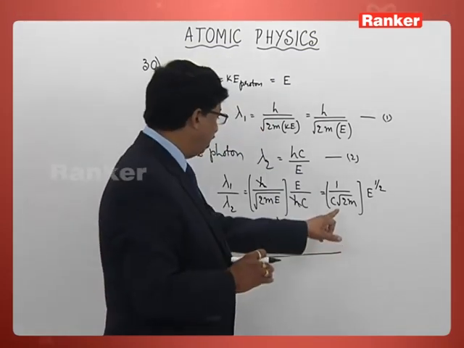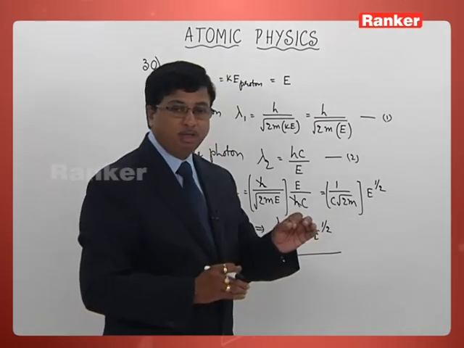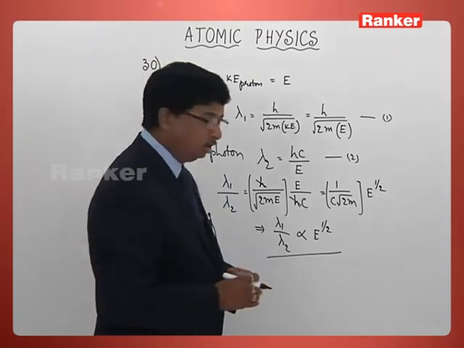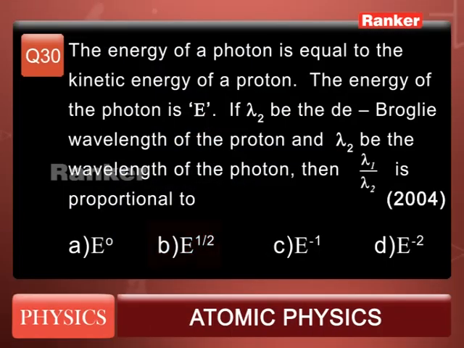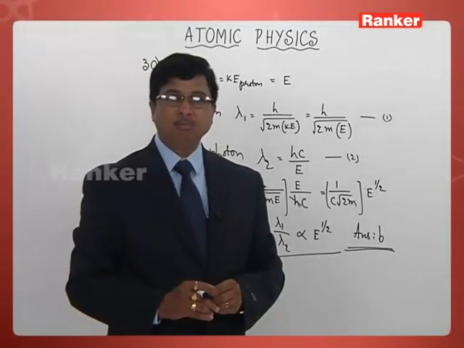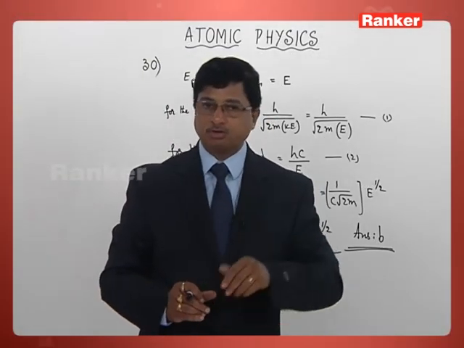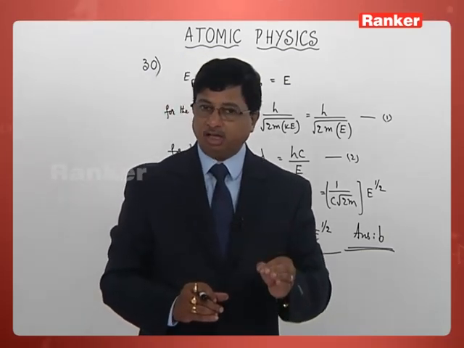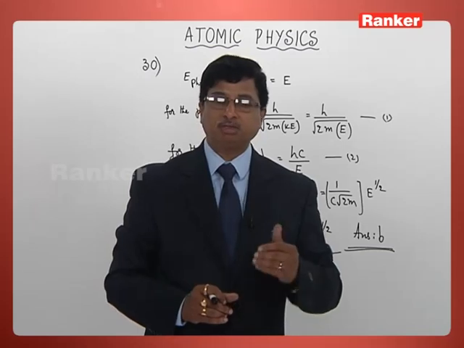Therefore, it should be proportional to E power half. E power half, according to the 4 options given to us, is the second option. Therefore, the second option is the right option for this ratio of wavelengths. So lambda 1 by lambda 2 is proportional to e to the power half, that is square root of e as such. That is problem number 30 for us.